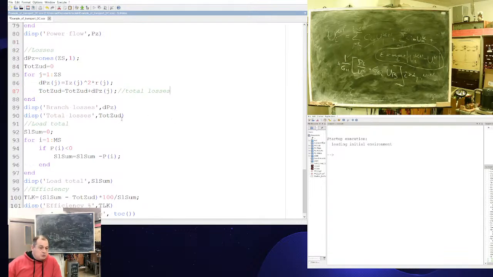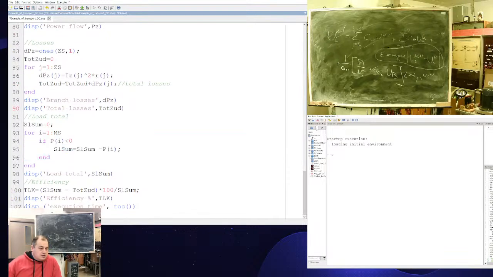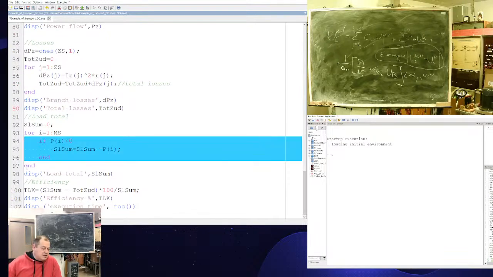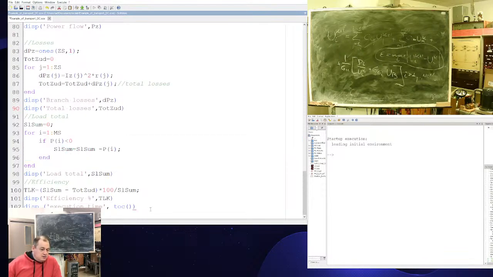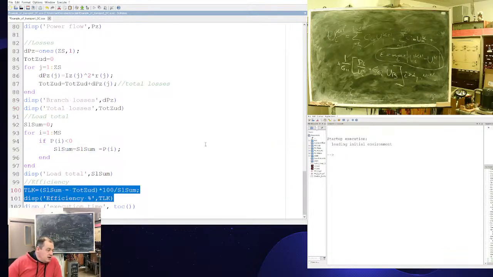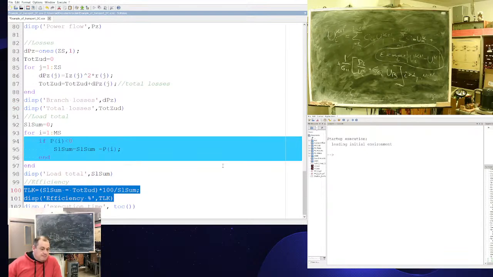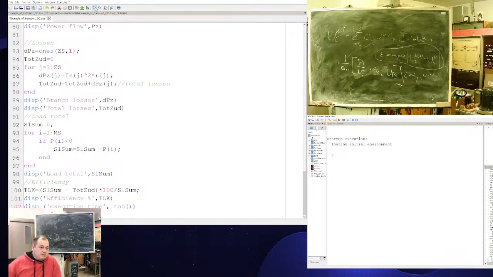Branch losses, total losses. In this small service part, I calculate the sum of the load to find these last lines. These lines calculate total efficiency in percent and execution time. So let's see what happens.